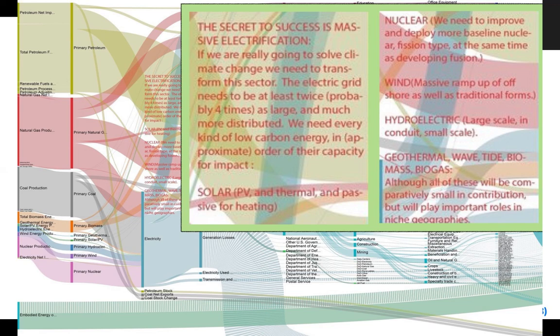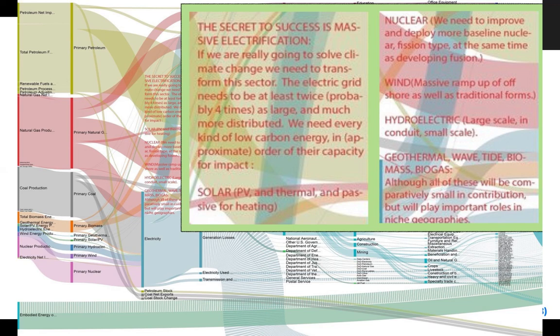The electric grid needs to be at least twice, probably 4 times as large as it currently is, and much more distributed. We need every kind of low carbon energy in approximate order of their capacity for impact. Solar PV, nuclear. We need to improve and deploy more baseline nuclear fission type at the same time as developing fusion. I kid you not, that's a note in there.